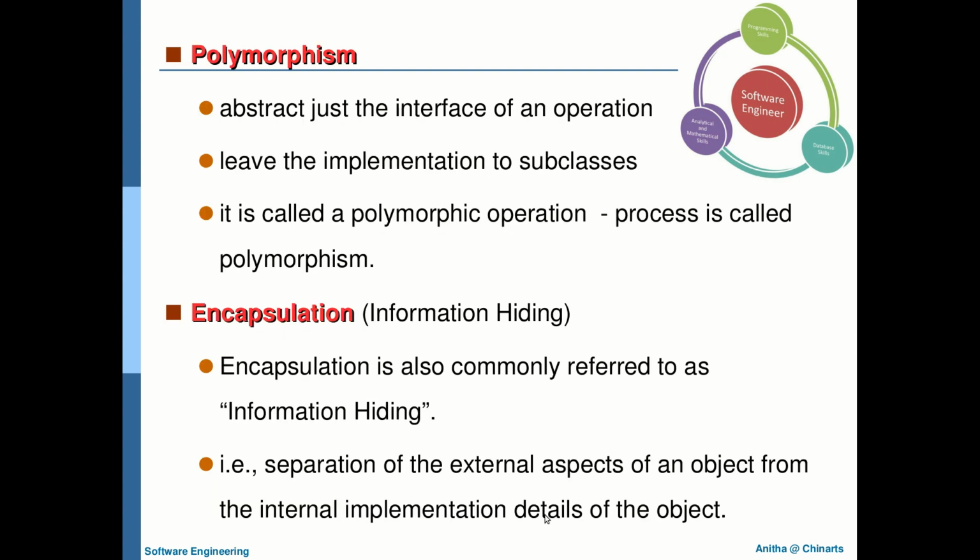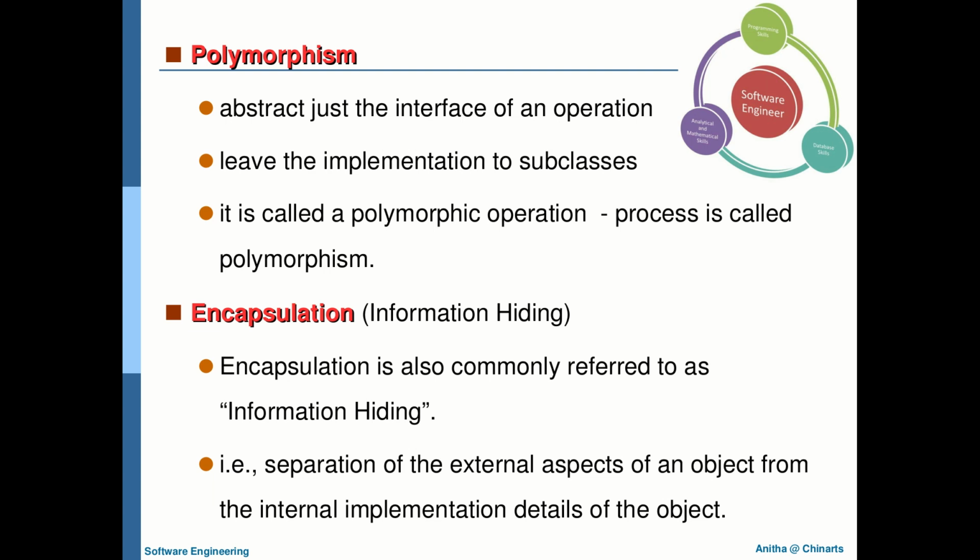Now when you take this encapsulation, the external aspects of an object are accessible by other objects through the methods, whereas the internal implementation of these methods will be hidden from the external objects. So you can access an object using the method.